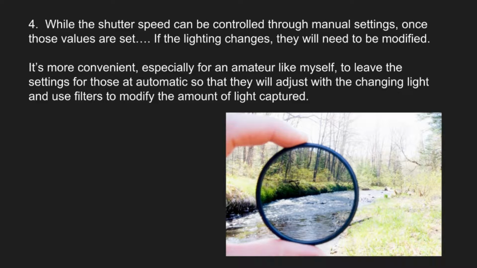What this does is it allows us to capture more color, more definition, and when we're in motion, it blurs things slightly so that it's pleasing to the eye. So we do this through filtering.